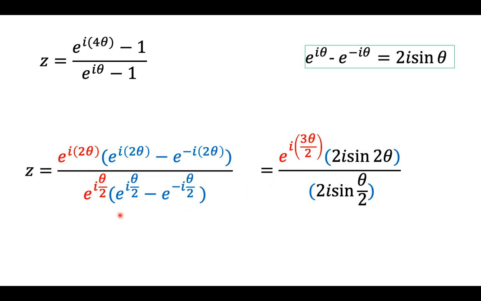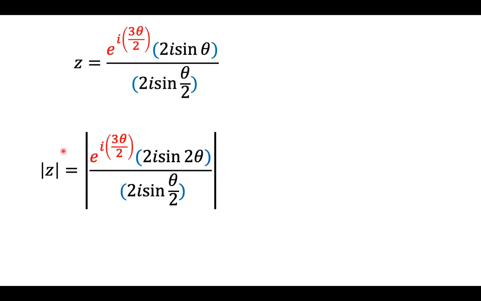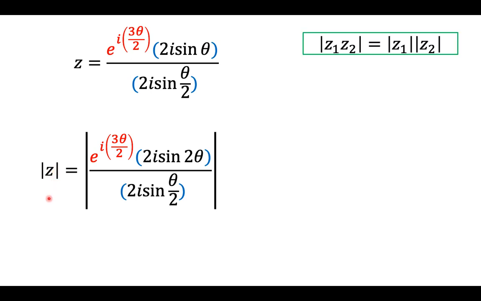And now we're almost done because we just need to work out the modulus of Z. Well, here's Z, and we want the modulus of Z. And we are reminded of one more rule, which is that the modulus of z1 times z2, where z1 and z2 are complex numbers, is the same as the modulus of z1 times the modulus of z2 separately.